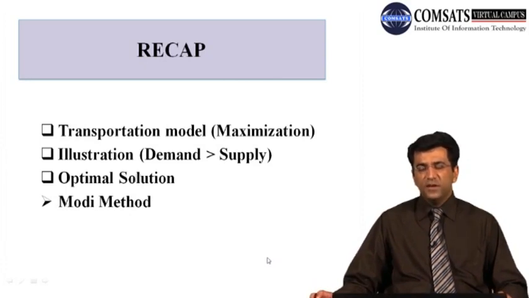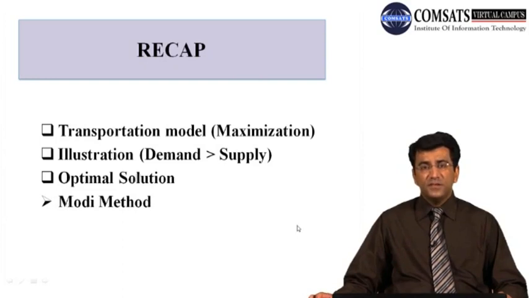So this is the first step. In the next step, when we calculate the total cost for a particular table, we will have to multiply that total cost by -1 in order to convert the negative value into a positive value, and this positive value is actually your total profit. So these are the two steps which we followed while solving our problem related to maximization and to the case when demand is greater than supply.